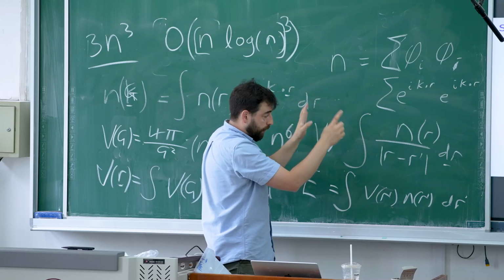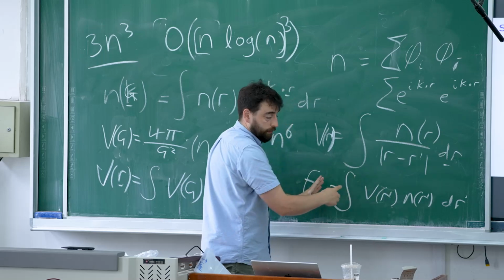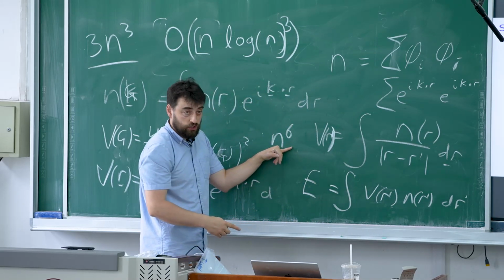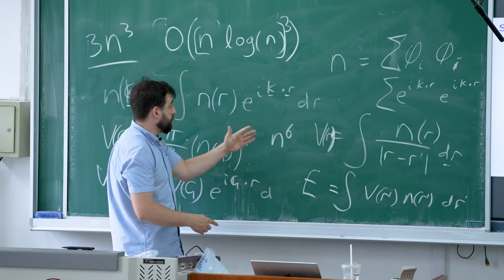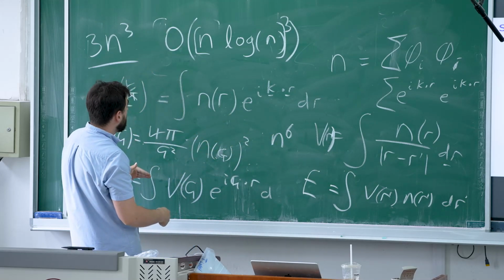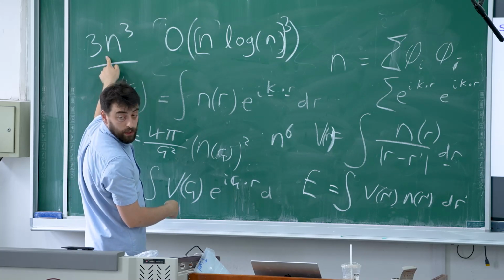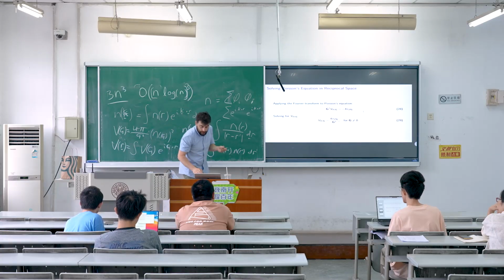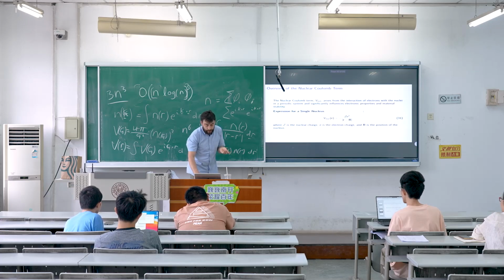And once I've done it over all space, I get that thing, and that thing I need to integrate over all space. So that is n to the 6 scaling, right? But if you write it in reciprocal space and do it this way, you get 3n cubed scaling, which is much, much, much faster. So using a plane wave basis set is beneficial in this way.